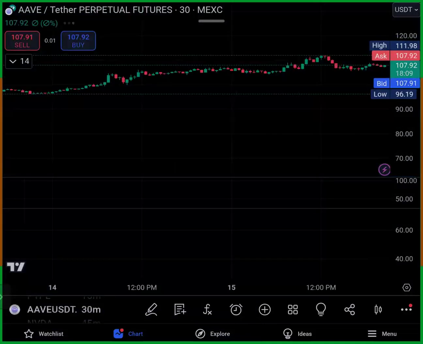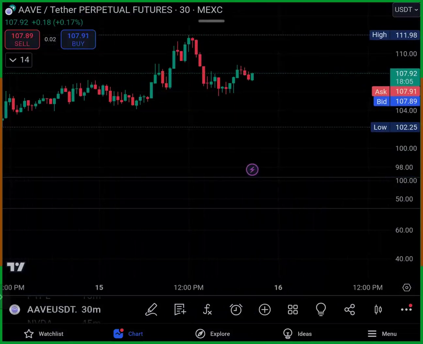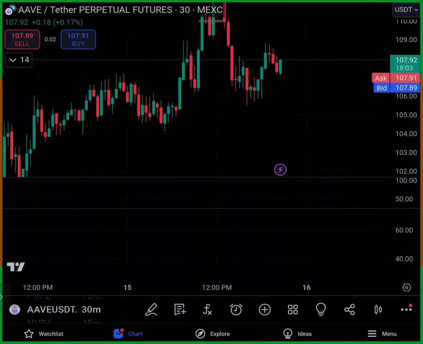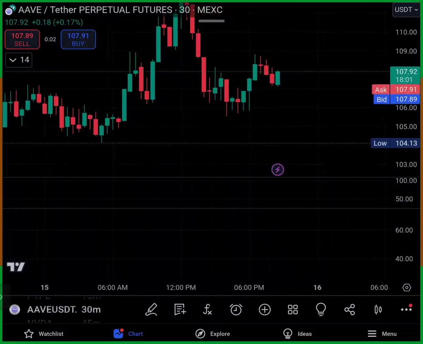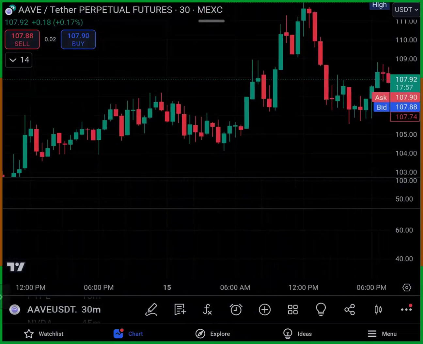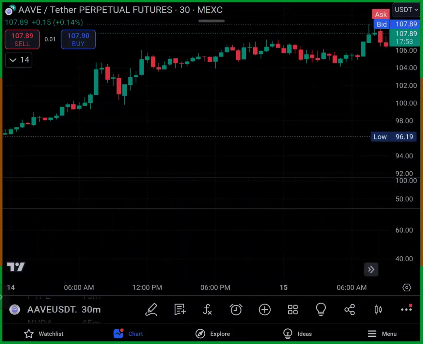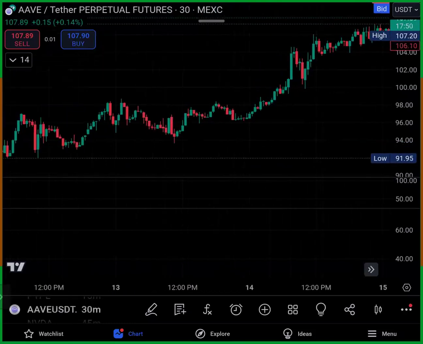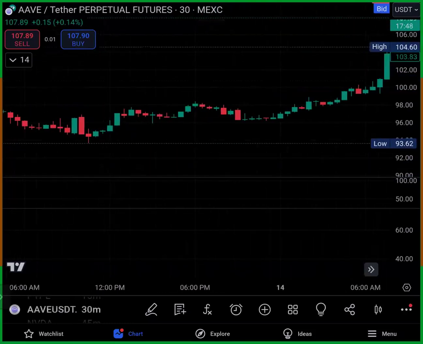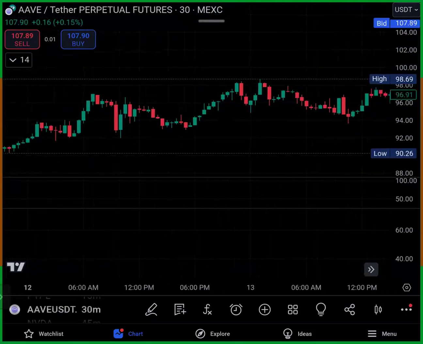Let me take a look at the 30-minute and see if I can find one of those bars, the morning star. It's best when it's, see, at the bottom of a downtrend. Let's see.